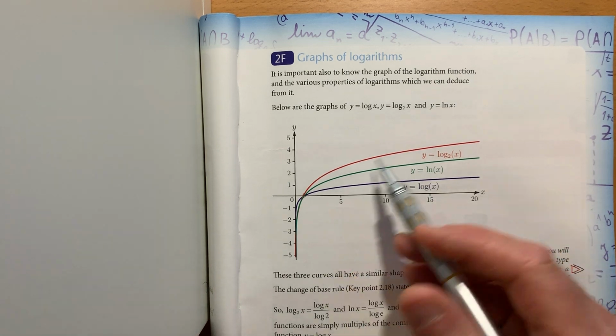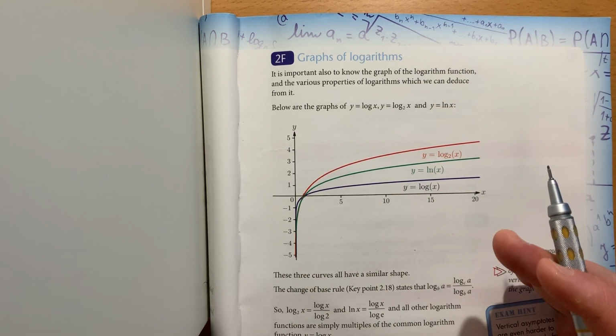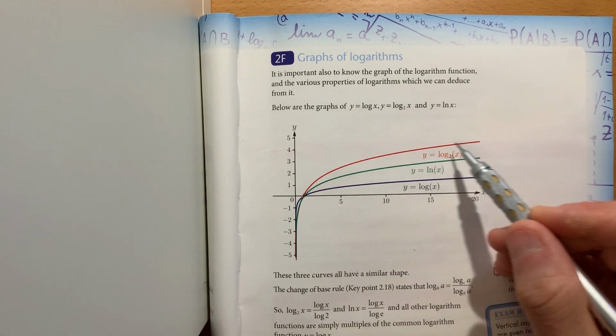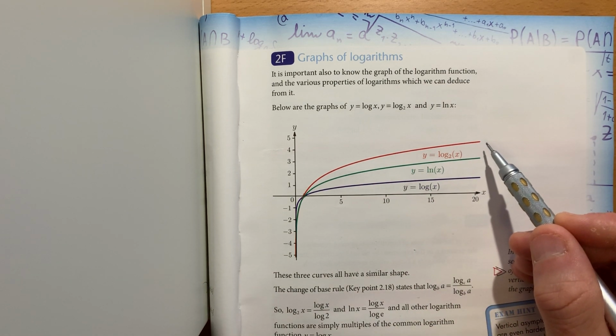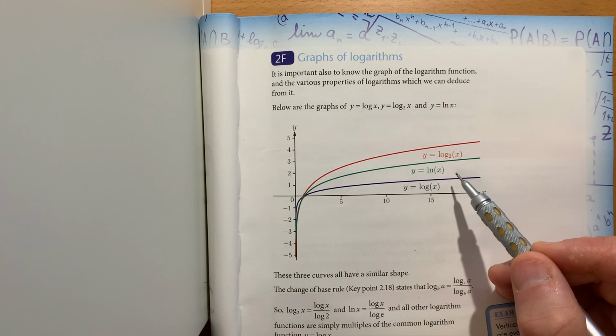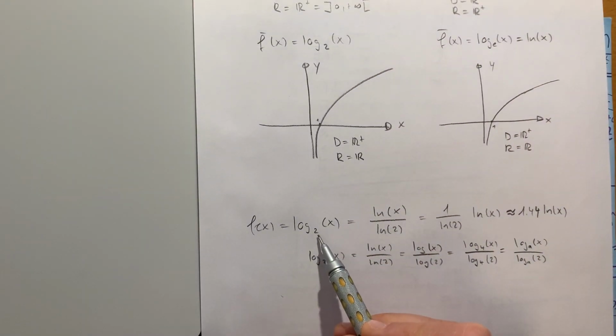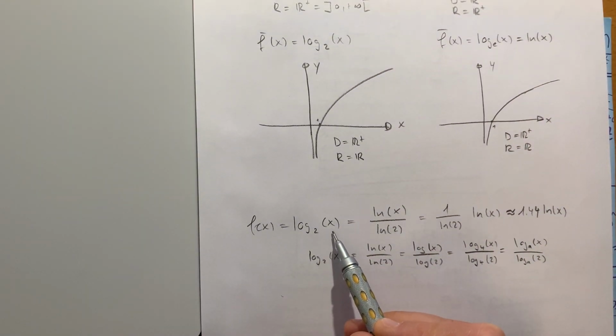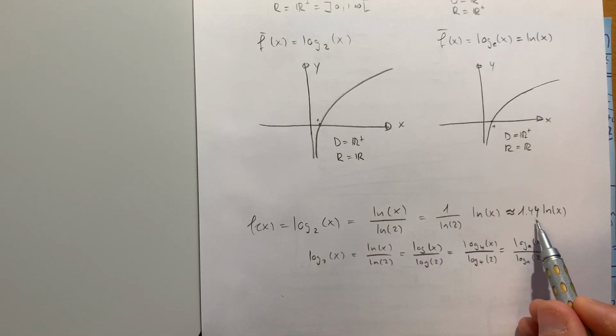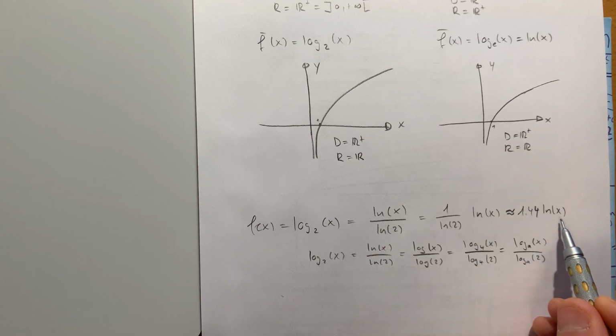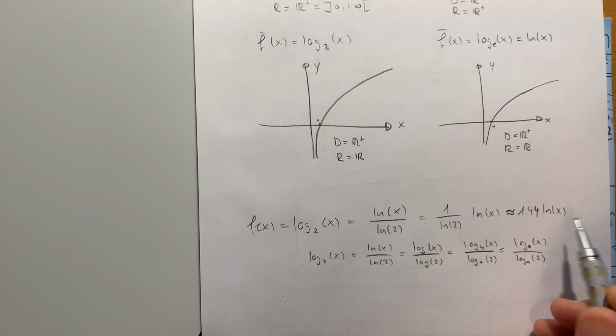But qualitatively speaking, these are more or less the same functions. But when drawn quantitatively, you can see the differences. And again, look, the log to the base of 2 of x is nothing but 1.44 times ln of x.